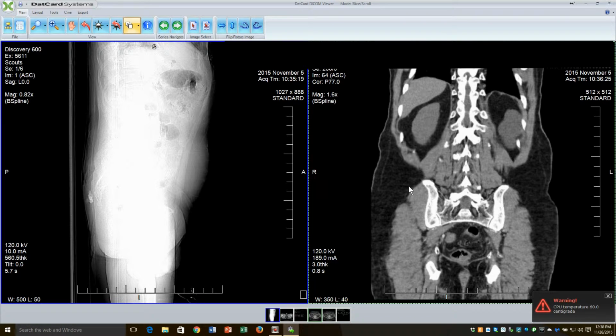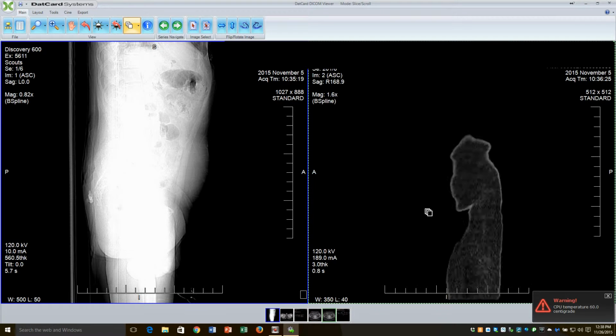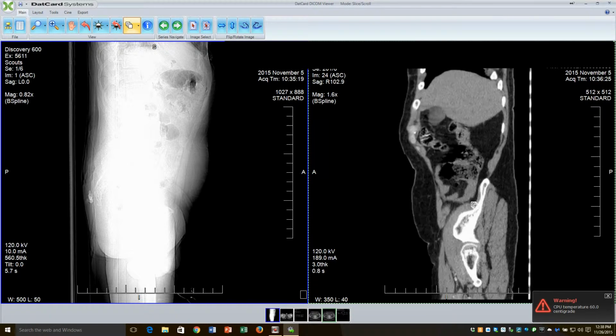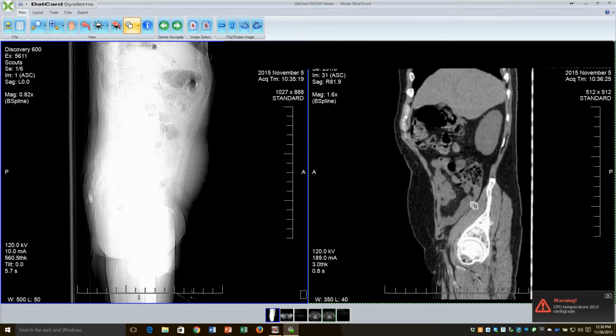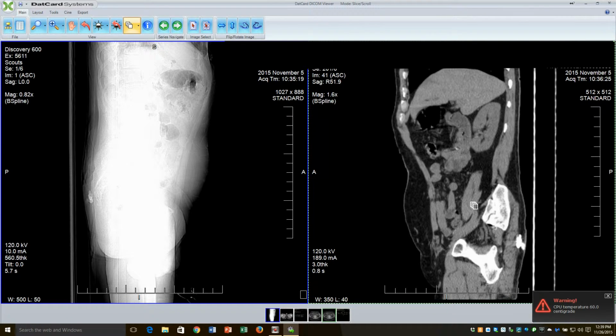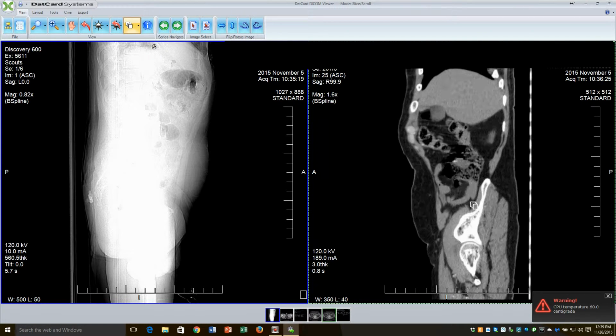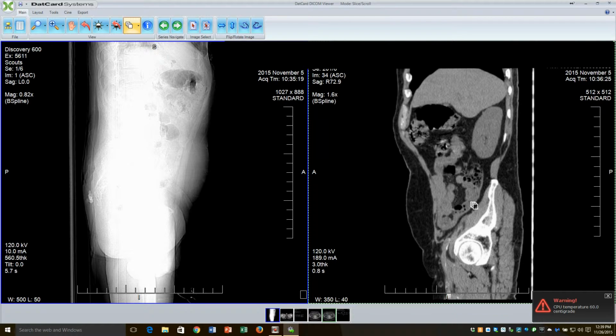So let's take a look at another set of images. So here, now this is a sagittal view, and it looks like we're moving from the patient's right side, moving through the abdomen to the left side.